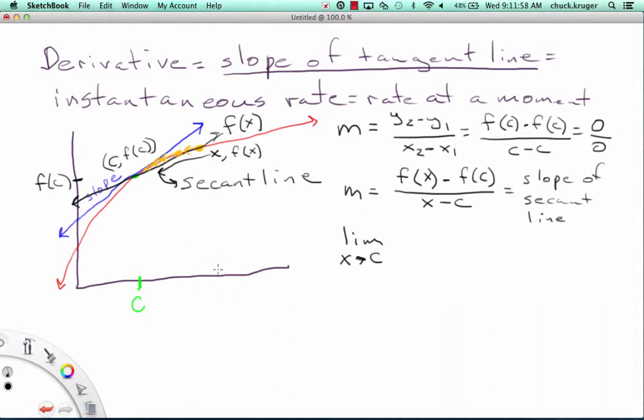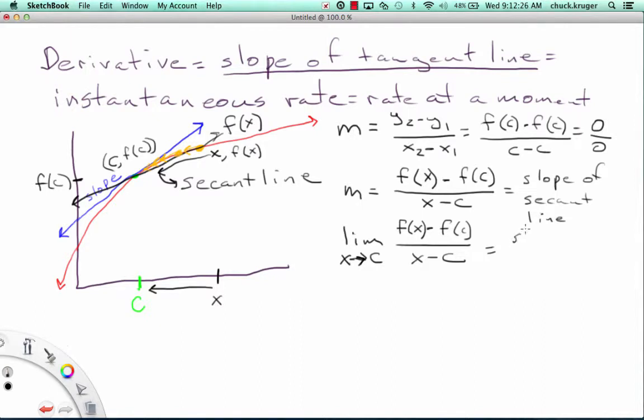Down here is x, and I'm moving it towards c. So that's what this limiting means here. X is approaching c, and it's going to be f of x minus f of c over x minus c. So the limiting process allows us to say, as this is moving closer and closer, I'm going to get to a limit.